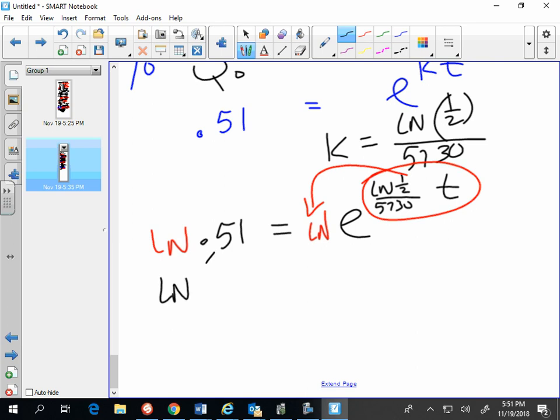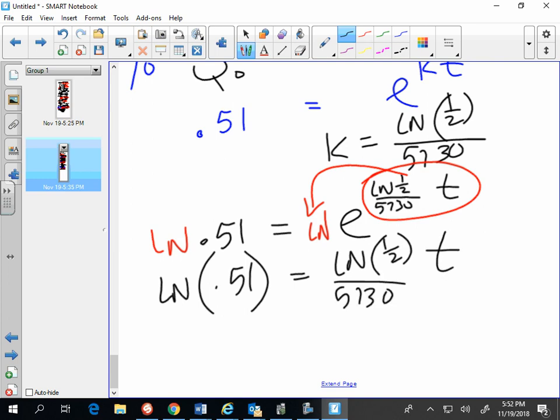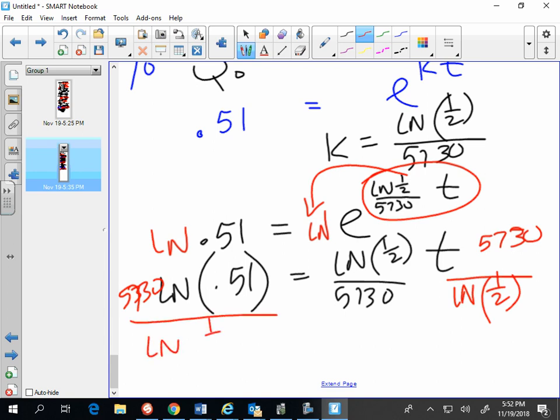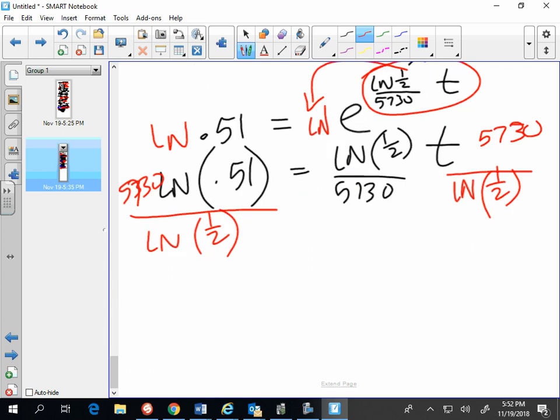We've got ln of 0.51 equals ln of a half over 5730 t. Okay, well now I need to solve for t. I'm going to multiply both sides by 5730, and I'm going to divide both sides by the ln of a half. And no, you can't cancel out these ln's, so don't do that, please.